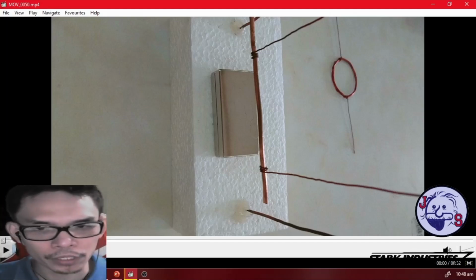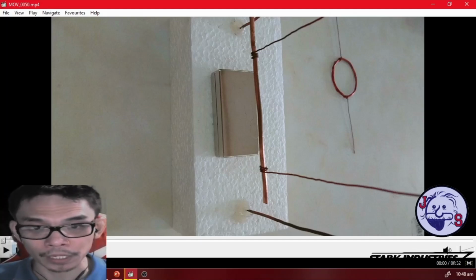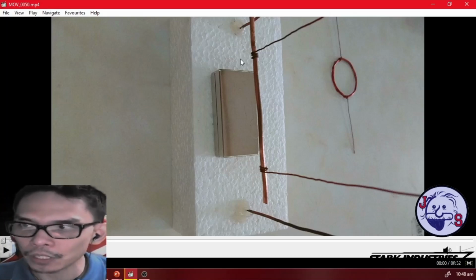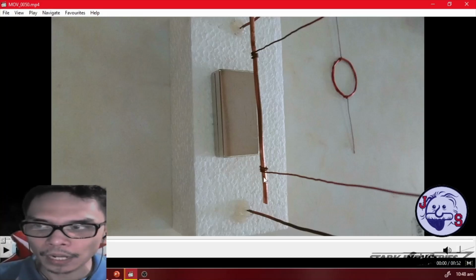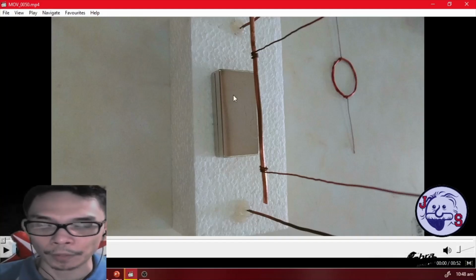You can pause this video and put the answer in the comment section. What will happen to this wire if I pass a current on it and below it is the permanent magnet?